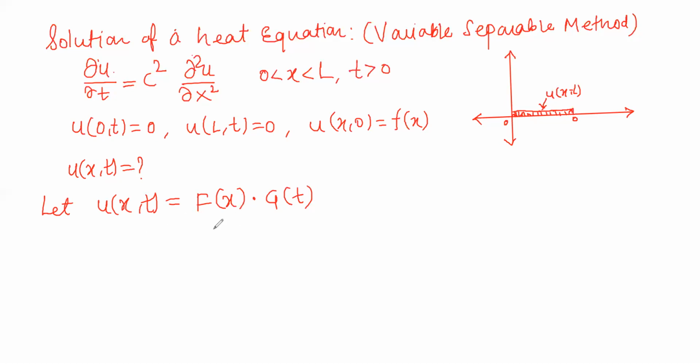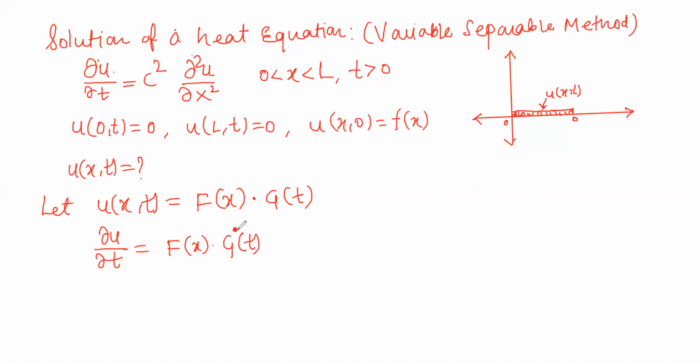Now I have to solve del u by del t equal to c square del square u upon del x square. So let's differentiate. I get del u over del t equal to f of x times g dot t.